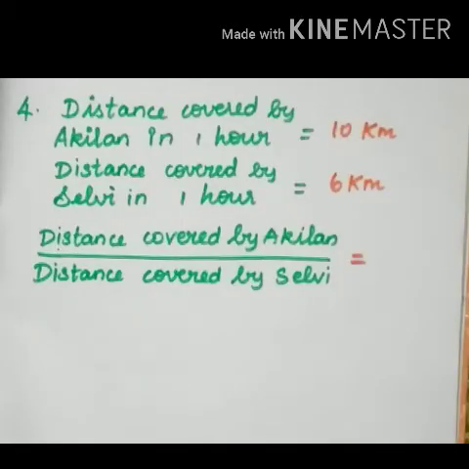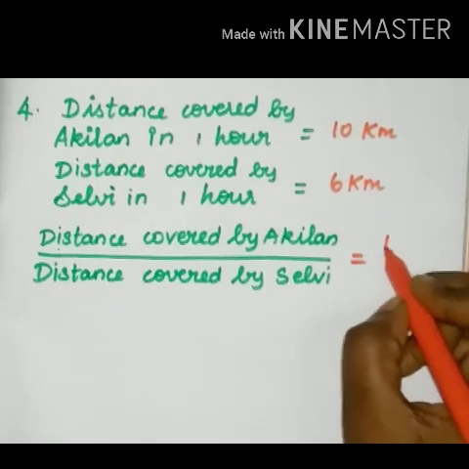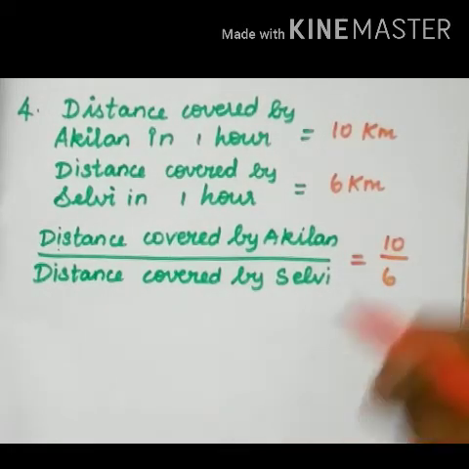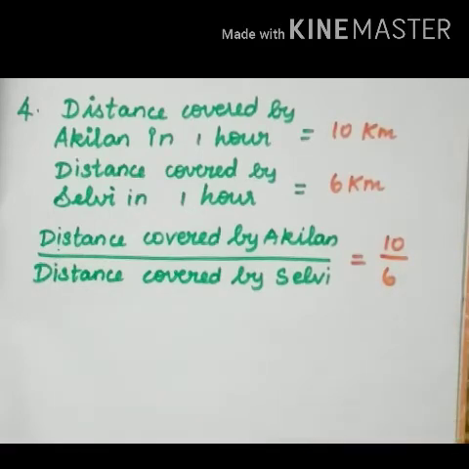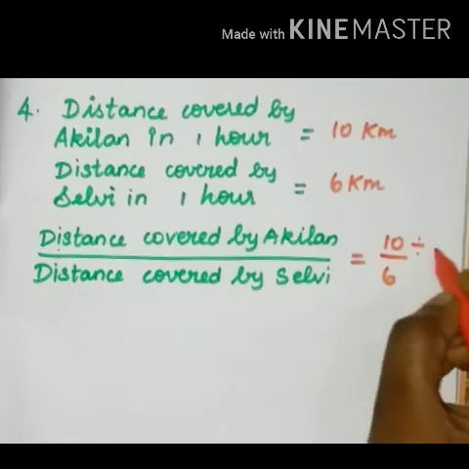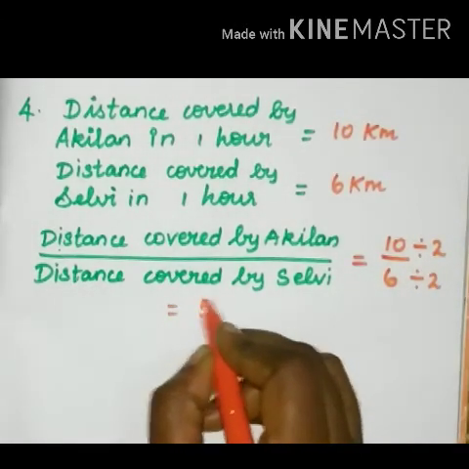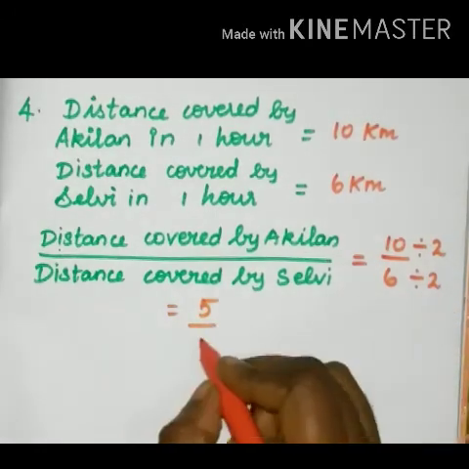To find the simplest ratio, first you have to write in a fraction form 10 by 6. Then you have to divide each quantity by its common multiple. See, 10 and 6 are divisible by 2. 10 divided by 2 is 5. 6 divided by 2 is 3.